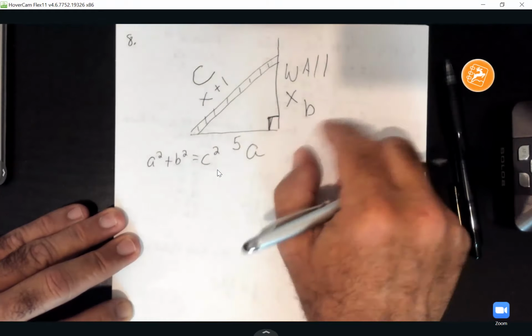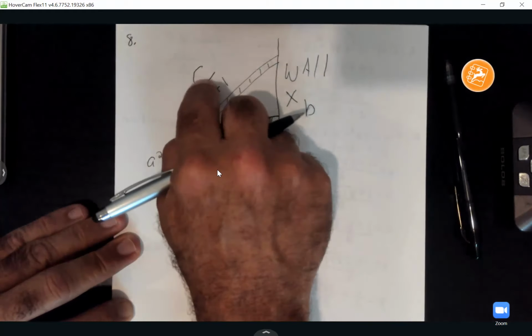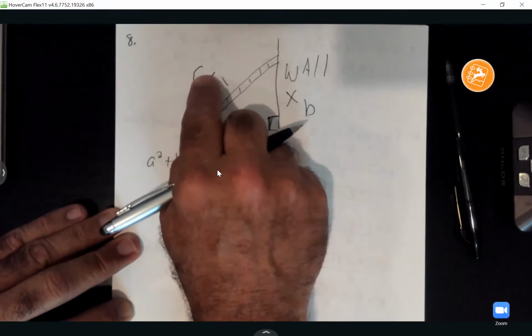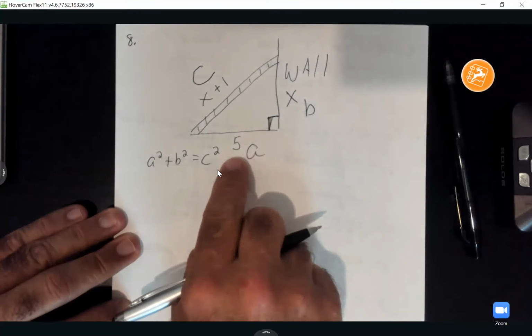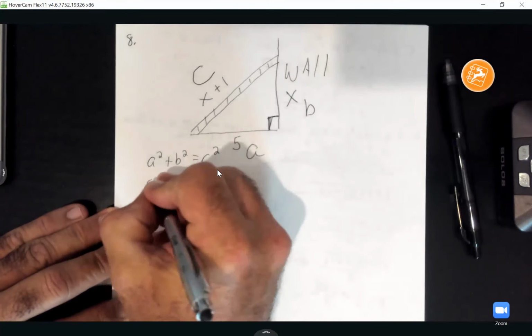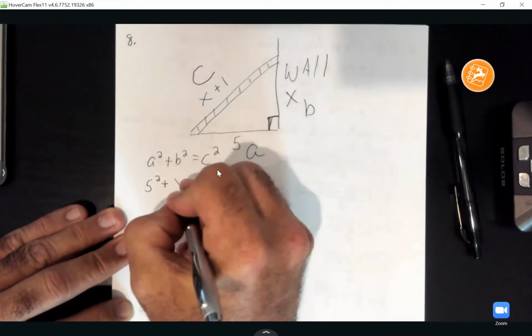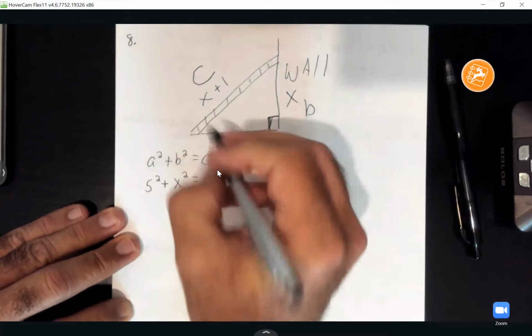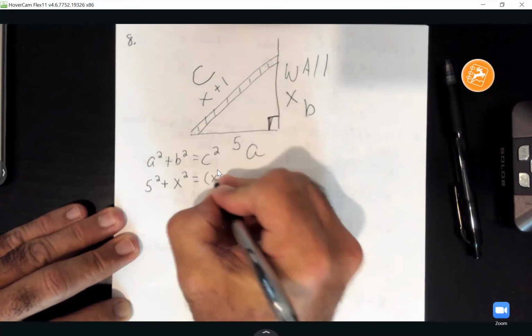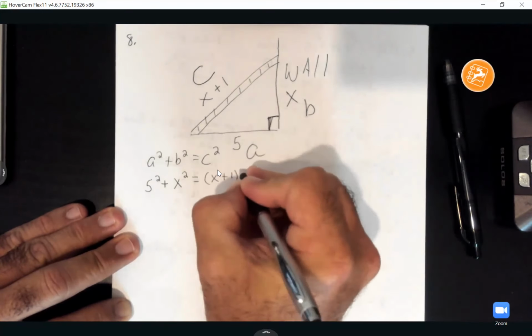It don't matter on these two sides, okay? The only side we're worried about that's picky is the x plus 1 side. So for a, I'm going to put 5. So I got 5 squared. B, I'm going to let be x. So that's going to be x squared. That's going to equal c, which is x plus 1 squared.